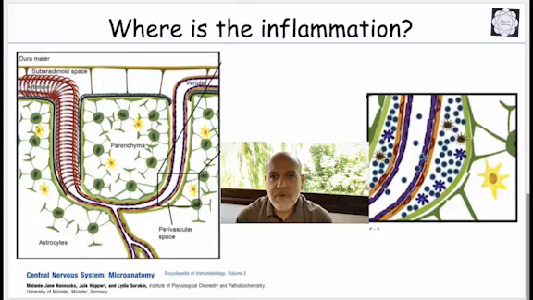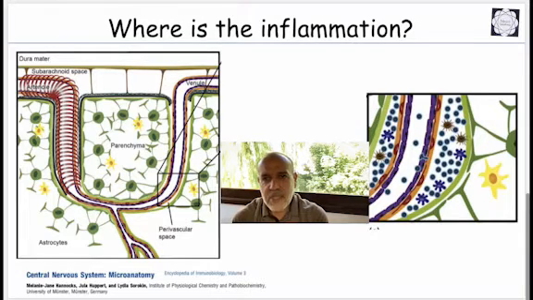This double layer of pia goes through a certain distance and then disappears, forming a funnel-shaped compartment, which is called the arterial perivascular space. This space contains CSF, and if we do a cross-section at this level, we will find the following layers.